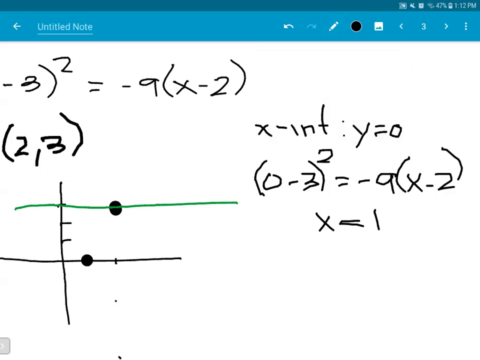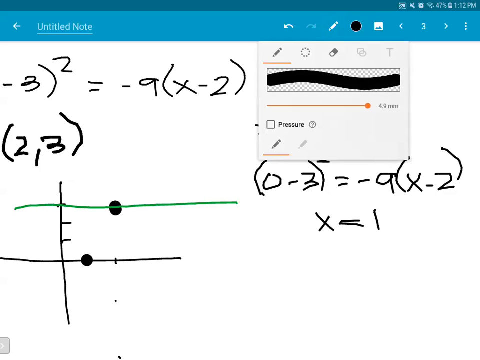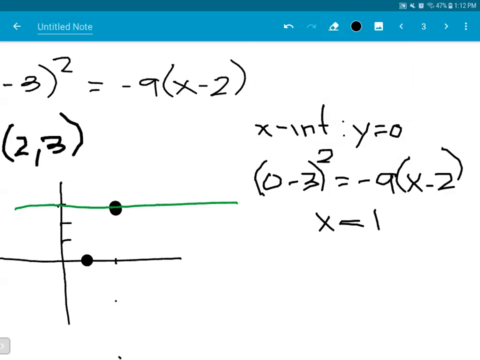And then you reflect that point with respect to the axis of symmetry. So you know you have to count 3 points above that axis of symmetry. Here is this one now.